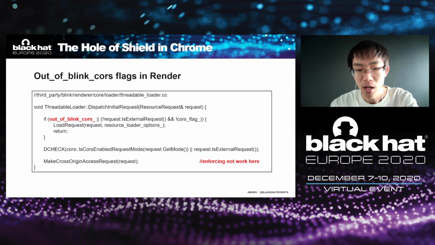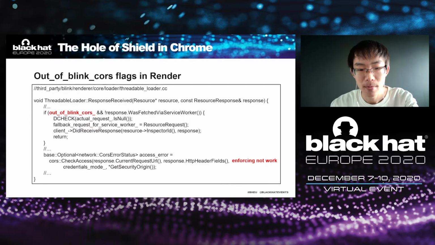If Out-of-Blink CORS is enabled, the enforcing in make cross origin access request will be removed. This code shows the enforcing for resource responses to the renderer. If Out-of-Blink CORS is enabled, we will escape from the following enforcing again.